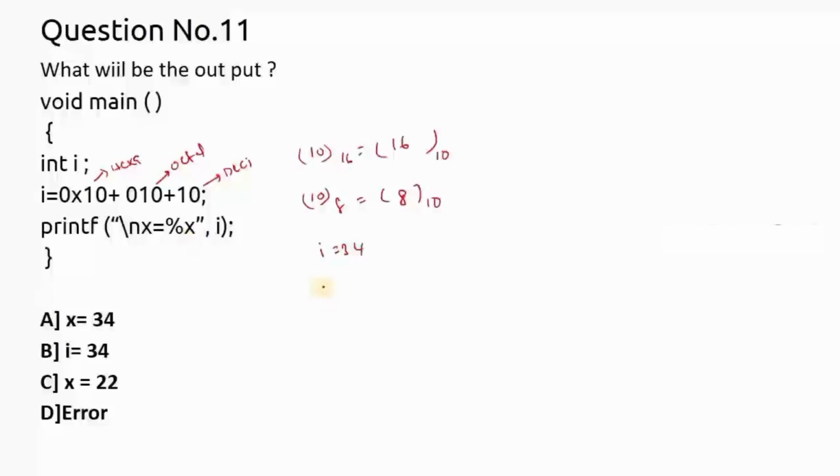So that means you need to convert whatever decimal value you are getting into hexadecimal in order to get it in percent x form. So 34 in decimal, if I convert it into hexadecimal, will be 22. So the answer is C, that is x is equal to 22.